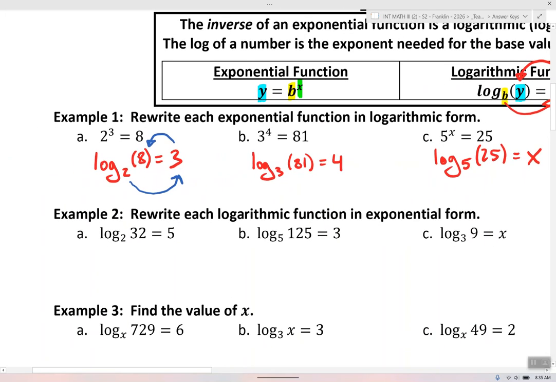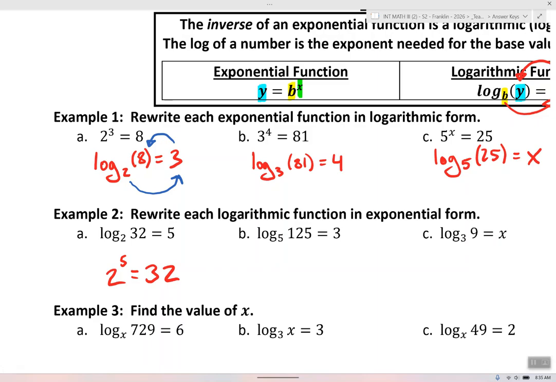Okay, now let's practice rewriting the logarithmic functions into exponential form. Just kind of going backwards here. So log base 2 of 32 equals 5 tells us that 2 to the 5th power equals 32. Now you can know if you get these wrong because the power won't be equal. If there's a variable, you won't know exactly, but for these number ones, you can know if it's true or false, if you wrote it correctly or not.